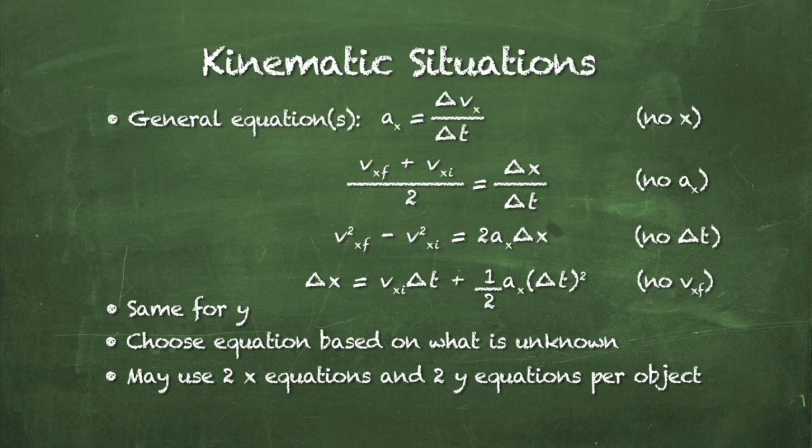Those are independent equations. So in any situation, we can use 2 separate equations for x and 2 separate equations for y per object. If we have multiple objects, we can use multiple equations. We're going to bring that all together and start solving exercises.